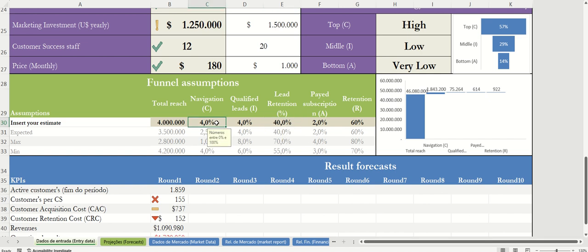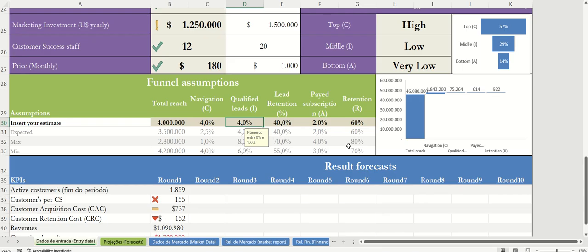Based on my strategy, it's telling me that at maximum I can convert 4% in the market. So I will keep this as 4%, believing that I'm going to reach that amount of customers. As you can see, I'm being really optimistic with my decisions here.